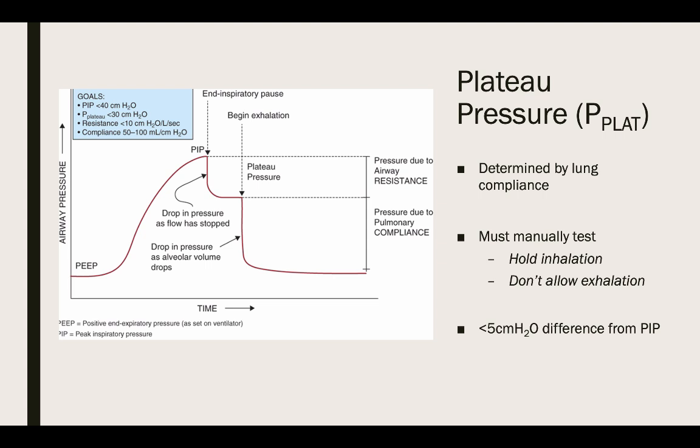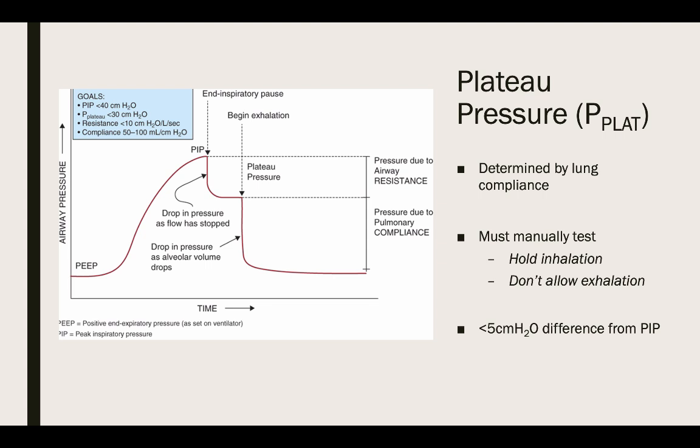Maybe we don't know much or anything about their lung history, their respiratory capacity. So we can look at peak pressures, and then we can measure this plateau pressure and come up with some ideas of what their airway resistance is like and what their lung compliance is like. With plateau pressure, there's going to be a button somewhere on your vent that holds the inhalation.